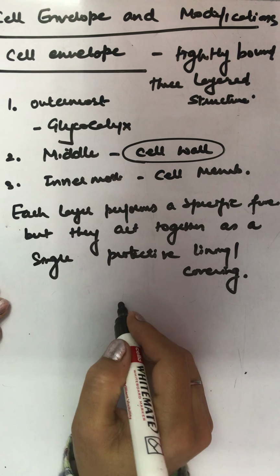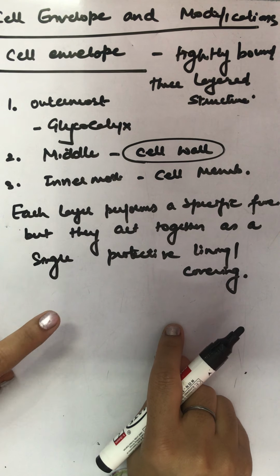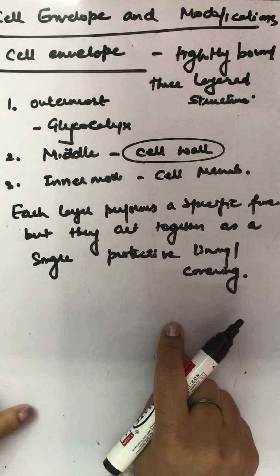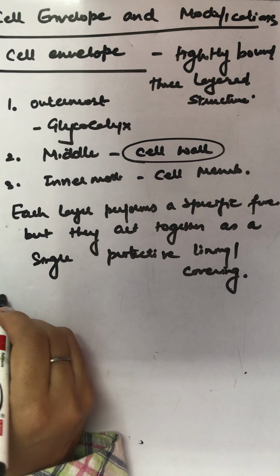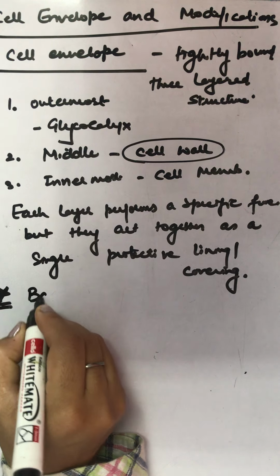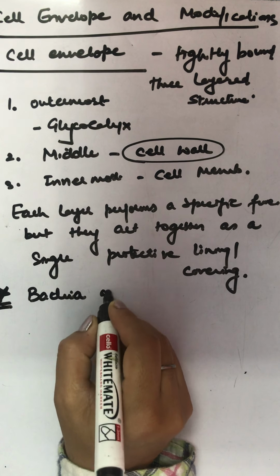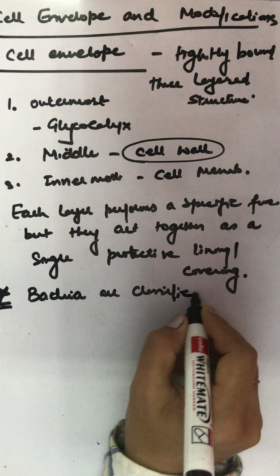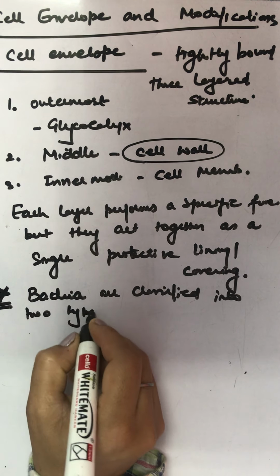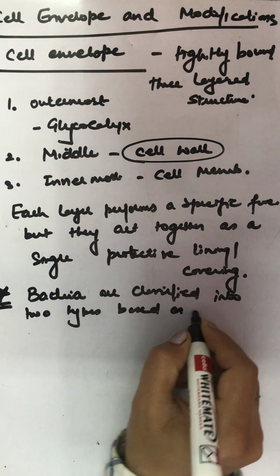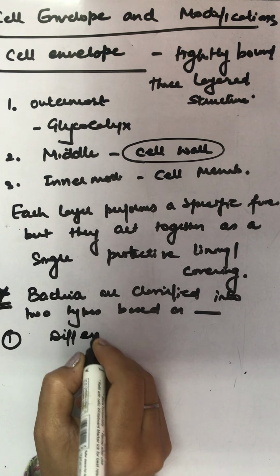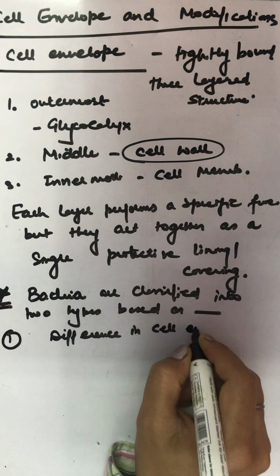Here we are going to add that also, that bacteria are classified into two types based on the difference in the cell envelope and the stain that it takes up. Okay, I'm going to mention that point here. We have already covered the stain part. Bacteria are classified into two types based on number one, difference in cell envelope.